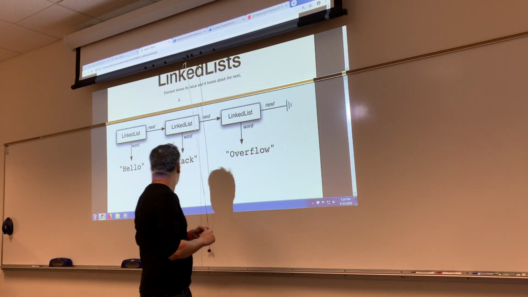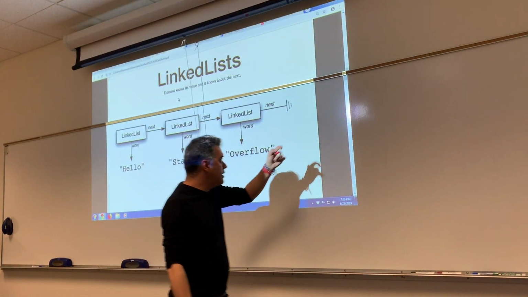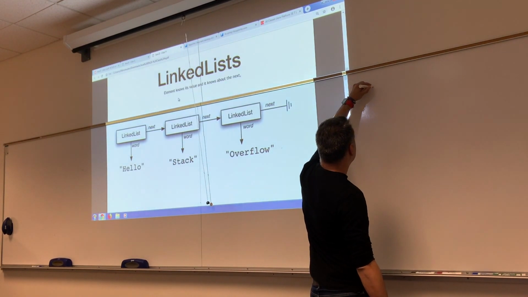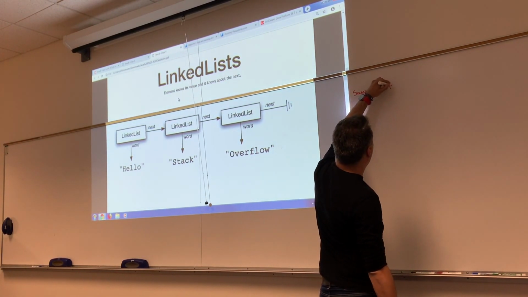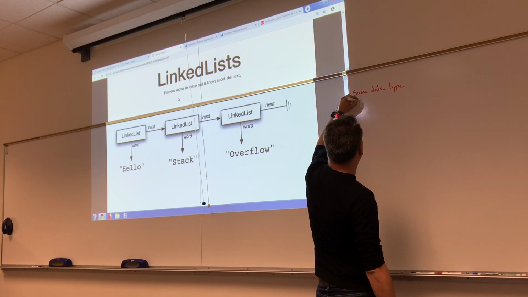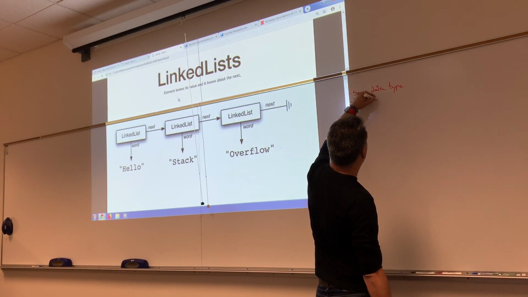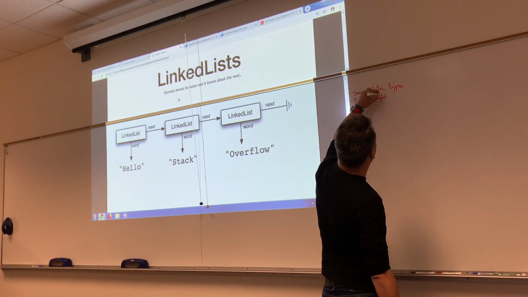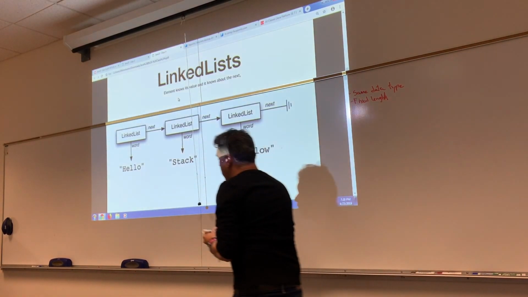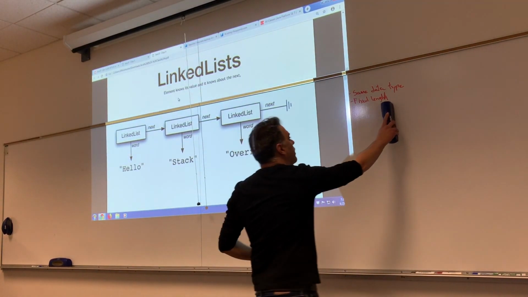an array, the constraint of an array is that you can have the same data type and it's got a fixed length. I'm going to write it down again.